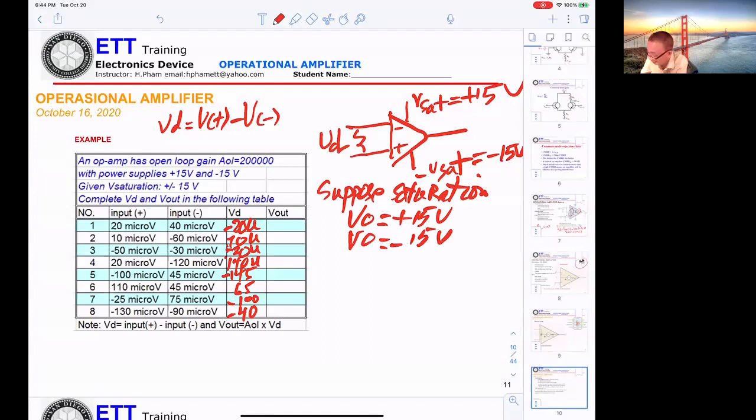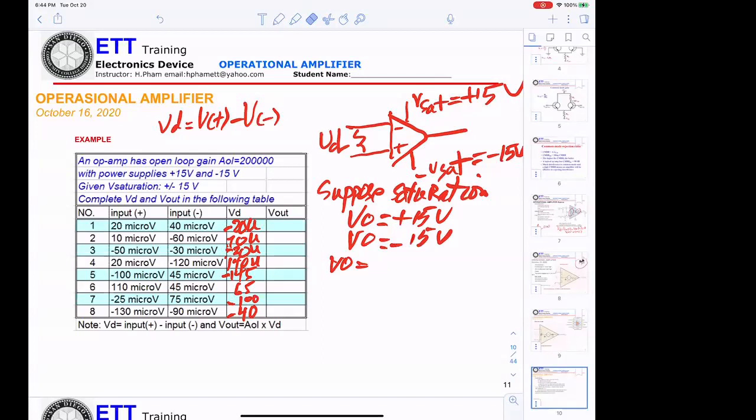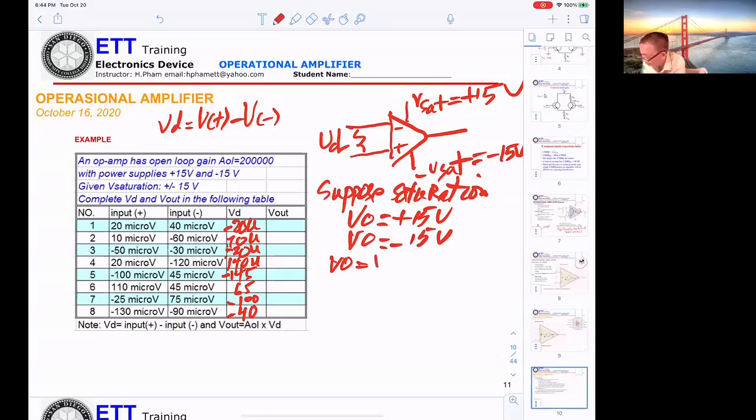So the formula is V out equals VD times AOL. Now I already know I can get 15 or minus 15, so I go back to calculate.